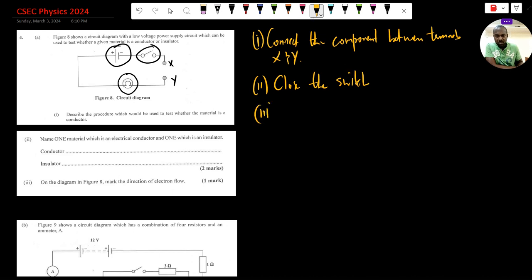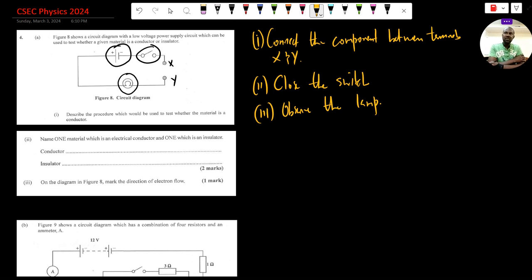And three, after our switch is closed, we observe the lamp. Those are three simple steps that we could use to check whether a component is a conductor or an insulator. So we connect the component that we want to test between the terminals X and Y, we close our switch, and then we observe the lamp.